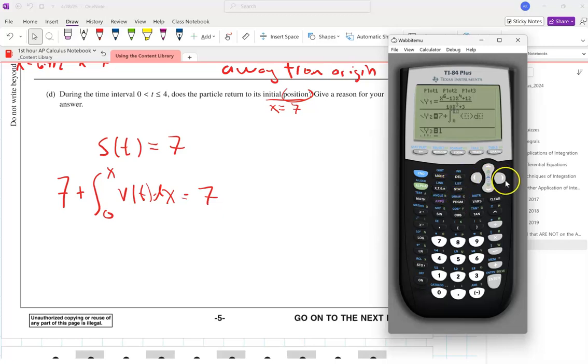Now the only hitch to this is it's slow. But we don't have to graph it over a whole lot. 0 to 4. I don't care about any of the negative stuff. I just need to see where it's crossing 7.